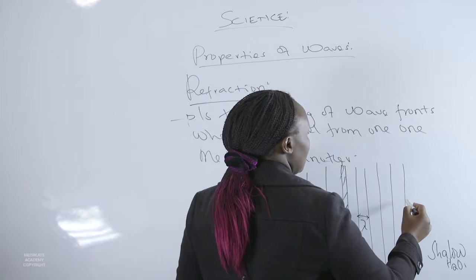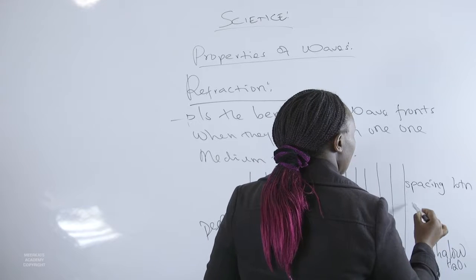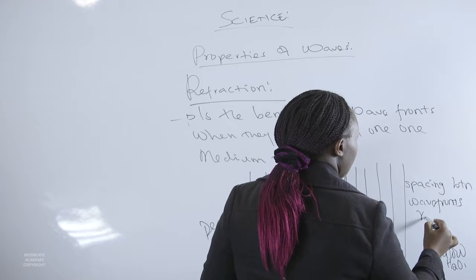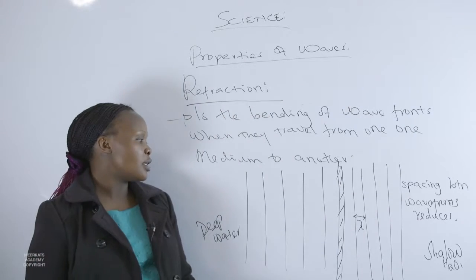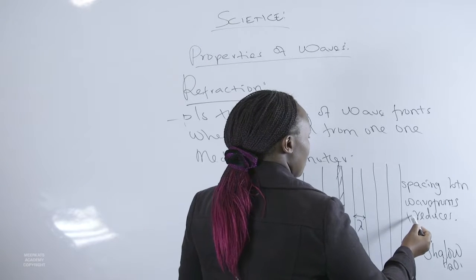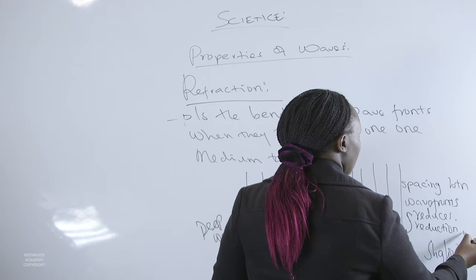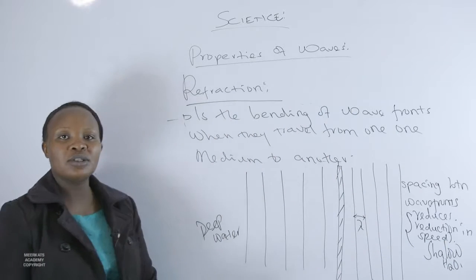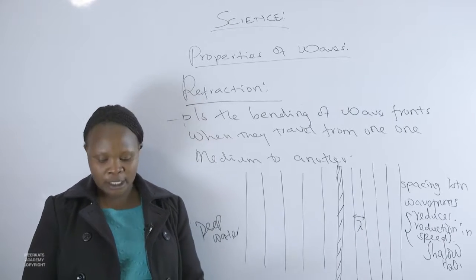So basically here, the spacing between wavefronts reduces, and that translates to a reduction in speed. Our wavefronts are going to reduce their speed, and that translates to the difference between the wavelengths.